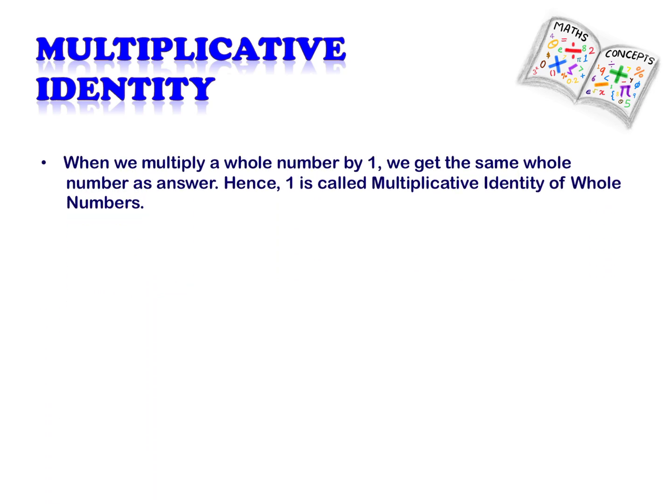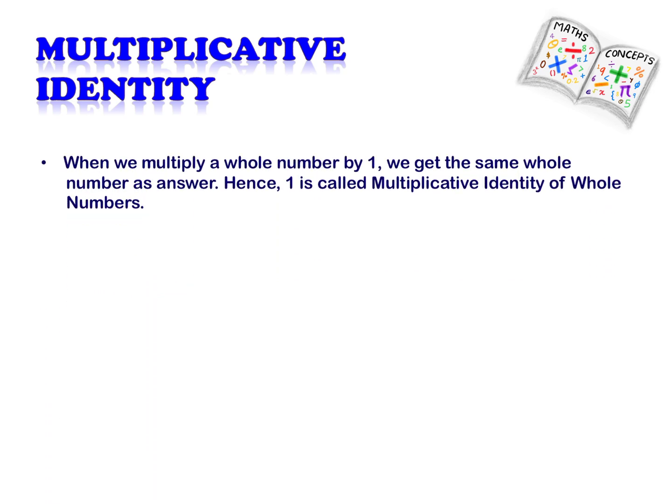Okay, now next one is multiplicative identity. For additive identity we saw that when we add 0 to the whole number we get the same whole number. Here we want a number which we can multiply with the whole number, and we should get that whole number as answer. Can you think of any number? Yes, that's right, 1.